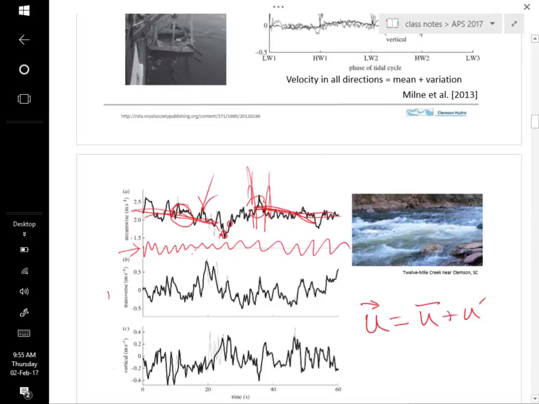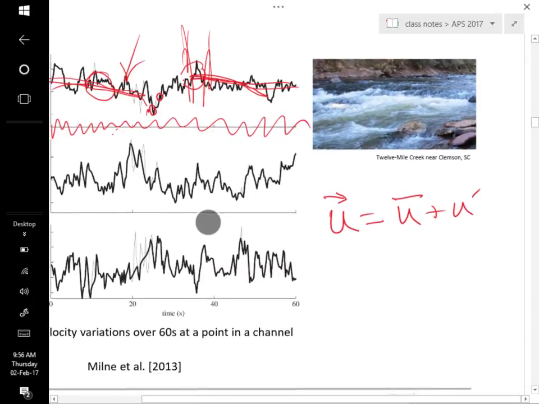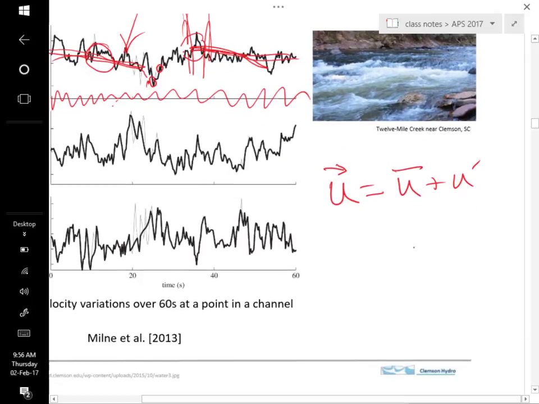If we look at flows, and think back at the pictures that we saw, we can also conceptualize the flows like this. Here's 12 Mile Creek, do you guys know where 12 Mile Creek is? It's just north of campus, and it's a really nice place. A few years ago they removed a couple of dams from 12 Mile Creek, and now you've got these nice rapids.